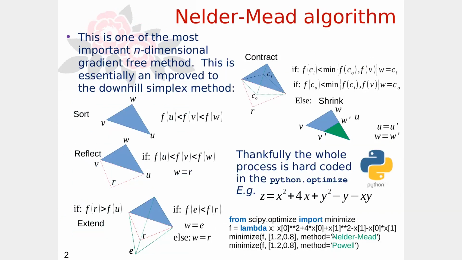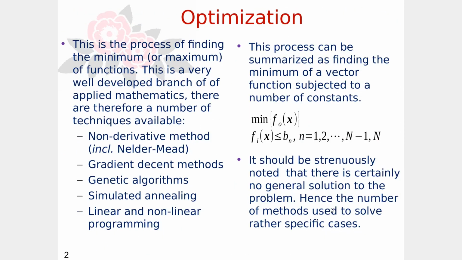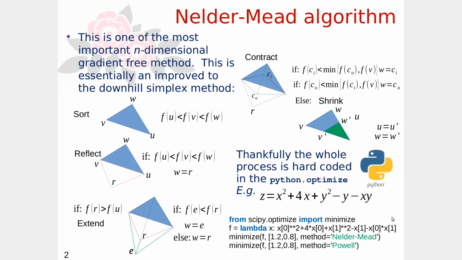And x0 and x1 are essentially x and y. So x0 corresponds to x and x1 corresponds to y, because as we said earlier, the optimization process is to minimize a vector function, and the vector function in this case would be x and y, which is corresponding to z.